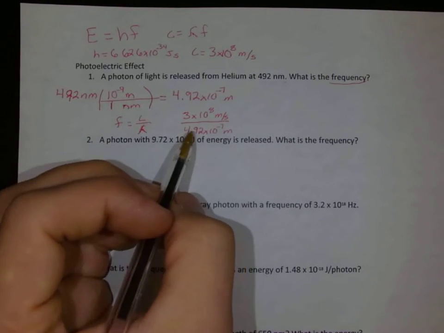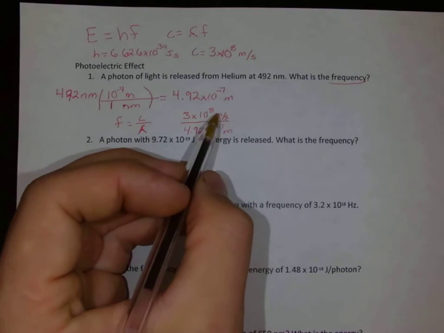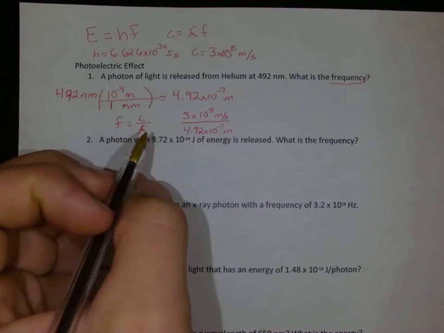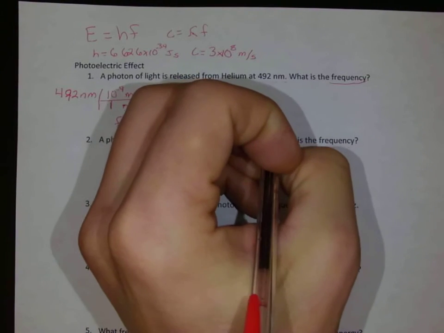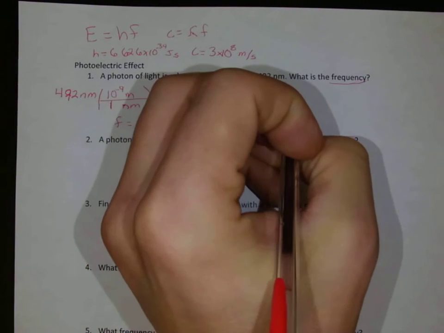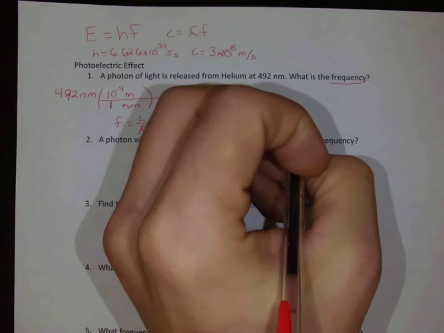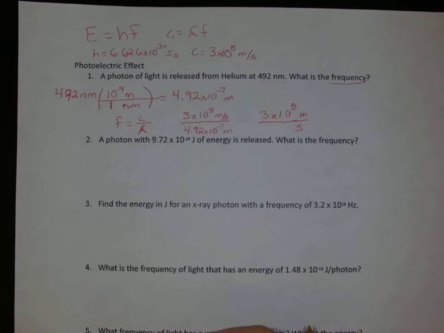But now this fits appropriately, but then I have this weird fraction on top with my units. So what I can also do, which might help us see that our units are going to cancel, is I can say 3 times 10 to the 8th meters per second.